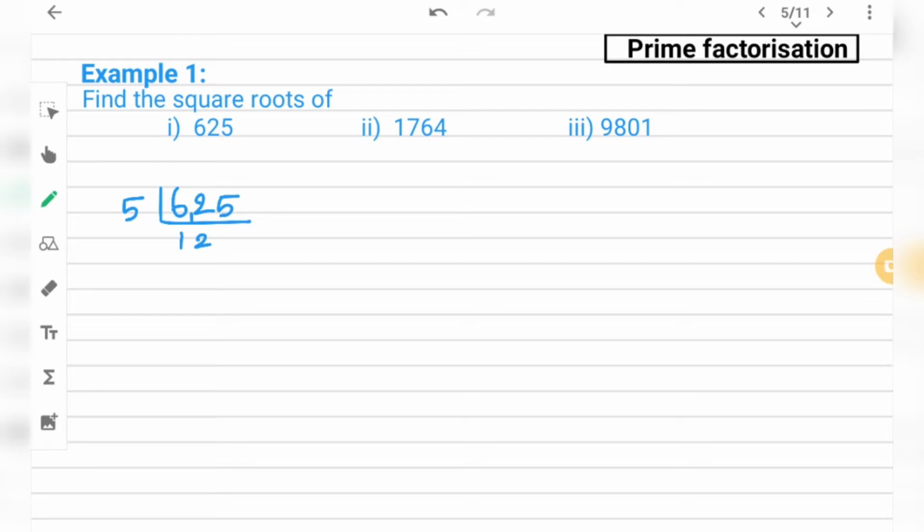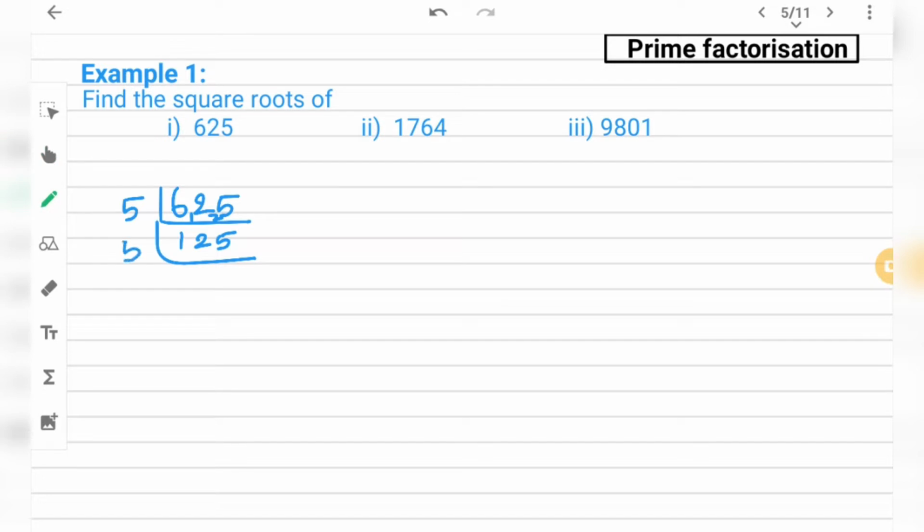That is 5 2s are 10. And balance is 2. So 25. In 25, how many 5s are there? 5. Right? Again, this 125 can be divided by 5 because in a ones place we have 5.